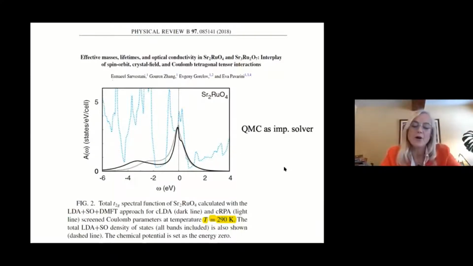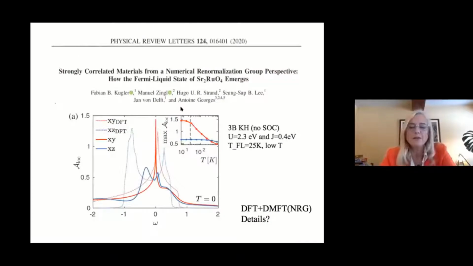However, now this temperature can be lowered in this calculation by this group in this paper. This is a very recent paper from this year, in which they also treat strontium ruthenate with the input of ab initio for the 3-band Kanamori Hubbard model.